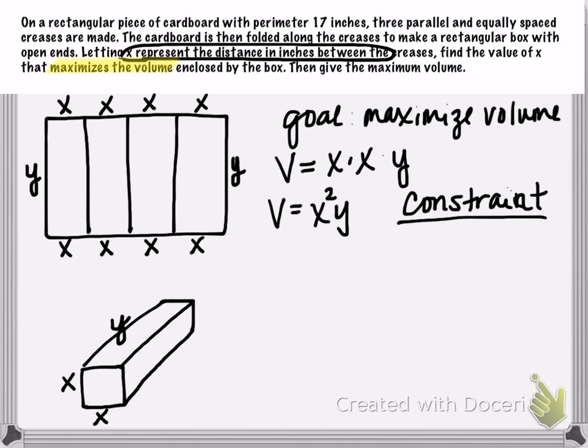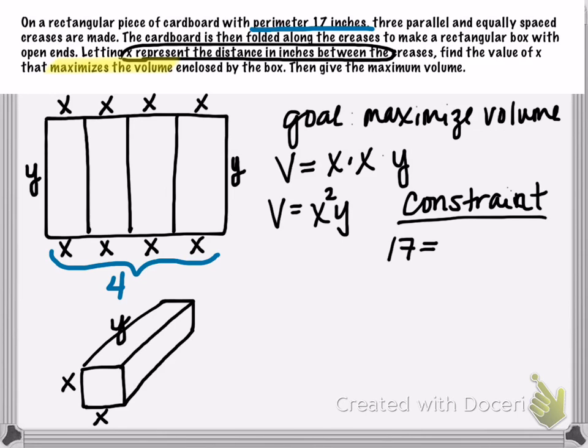So our constraint equation. If you read through the problem again, you'll notice that it did give us that the perimeter of the original rectangular piece of cardboard was 17 inches. So 17 is a constraint. Now we're looking at the original diagram, the original rectangle. The distance around the rectangle is 17. So if we're adding up this side here, we have x plus x plus x plus x.